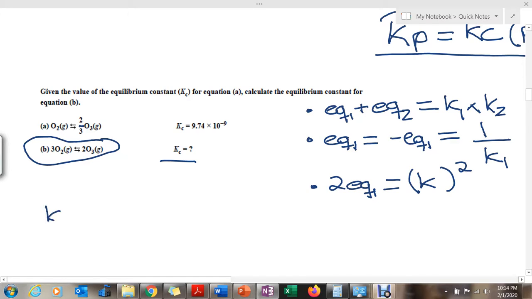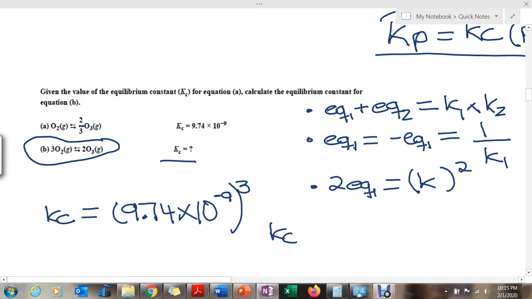So the Kc, if you multiply by 3, would be the other Kc, 9.74 times 10 to the negative 9, cubed. Kc would be equal to 9.24 times 10 to the negative 25. And that's it.